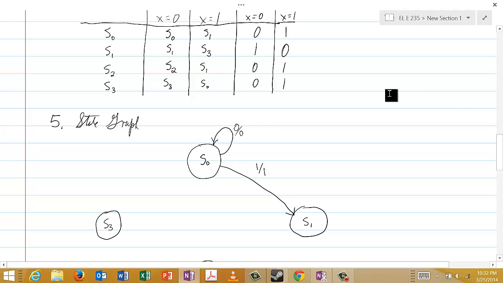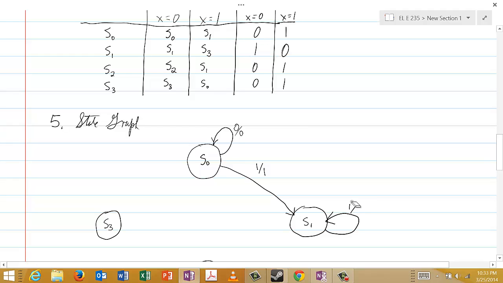So if we're in S1 and x is equal to 0, we'll stay in S1. So we could show that in this way. And what will we output if we're in S1 and x is equal to 0? We'll output a 1.